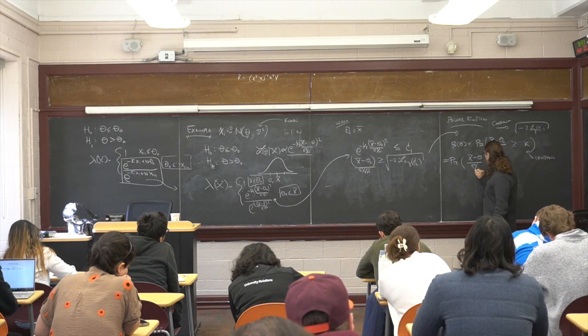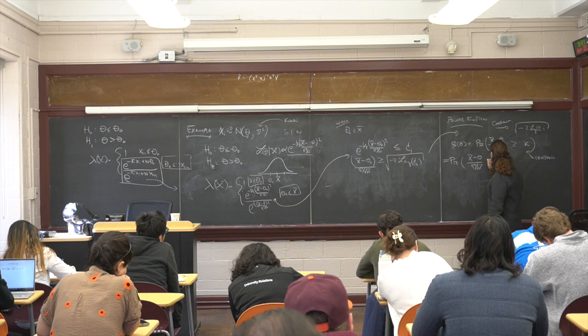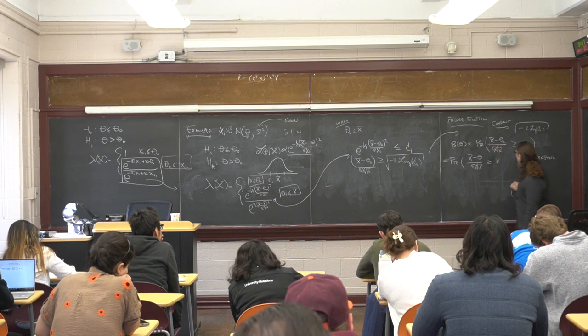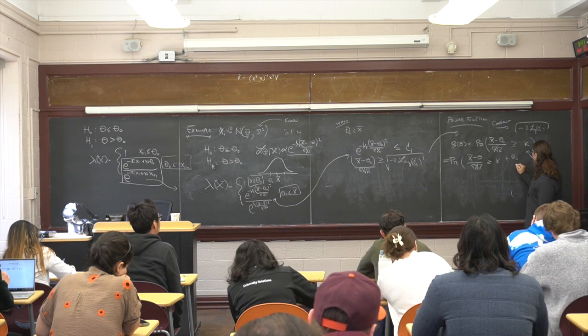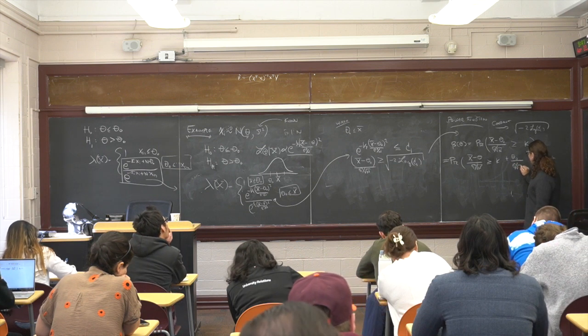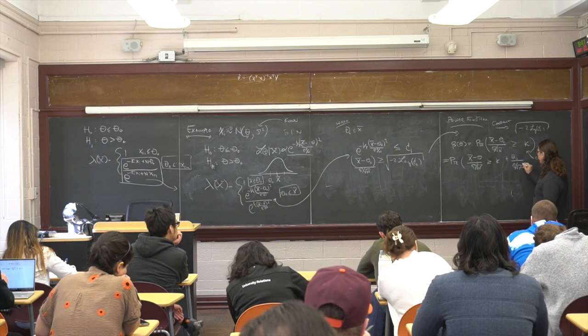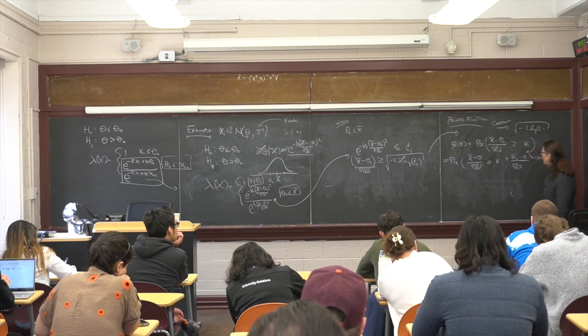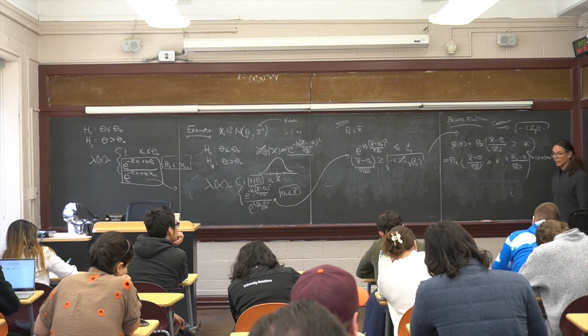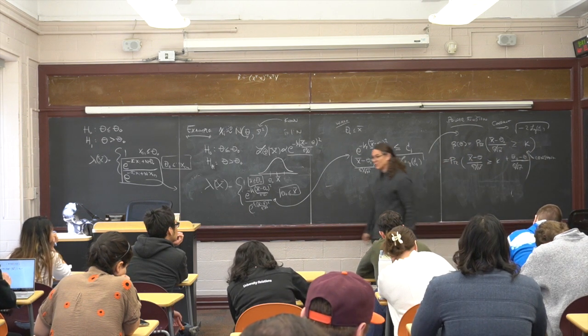So this is (x bar minus theta) over sigma over root n, greater or equal to k. I'm going to add this theta naught over here over sigma over root n, so I've just shifted that to the right-hand side. I've subtracted off that theta as well, so I'll plug that one right here. These are equivalent to each other. I haven't changed anything. This is just algebra.